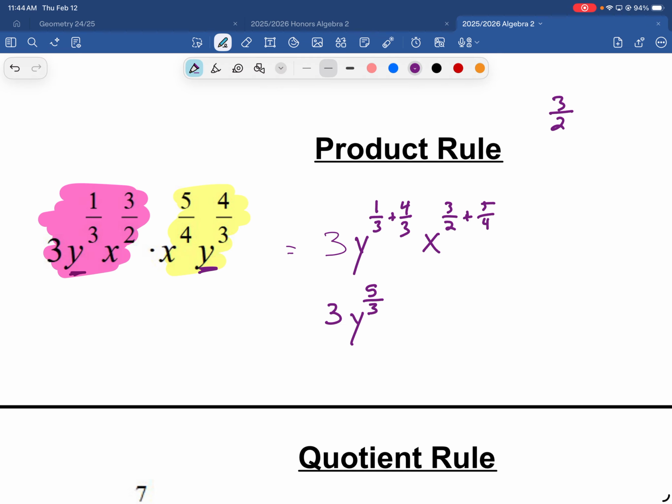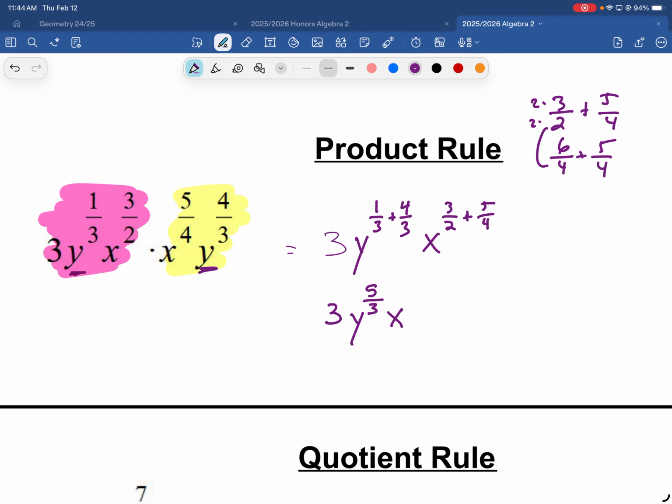I've got 3/2 plus 5/4. What's my common denominator? 4 is our common denominator. 4 times what is 2? 2, so I have to multiply both the numerator and the denominator by 2. So 6/4 is the equivalent ratio to 3/2. 5/4, I don't need to do anything.